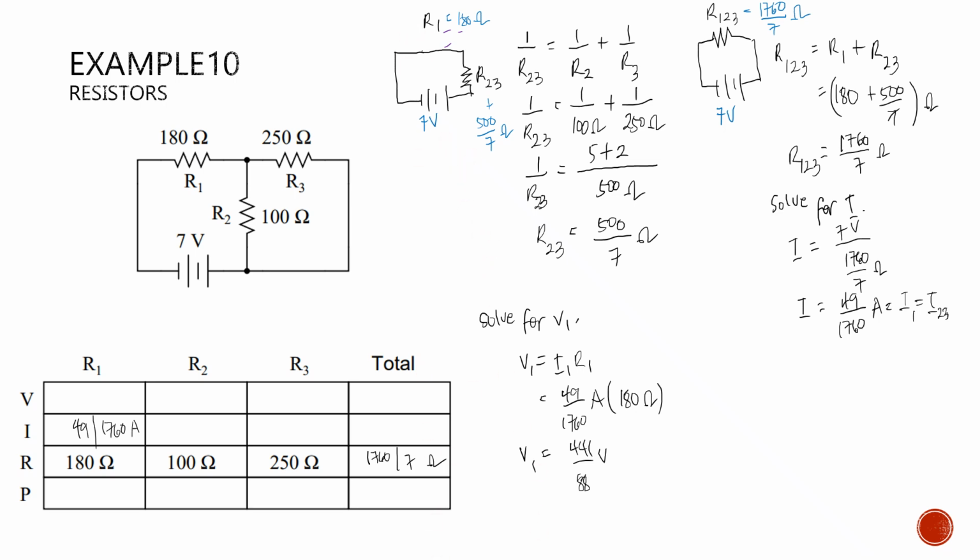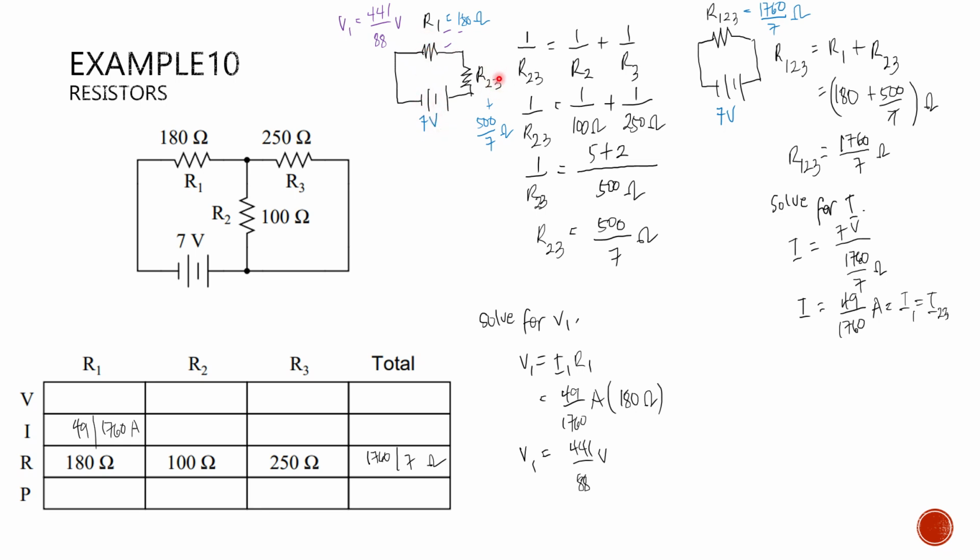let me draw back the R1. So we know already what's the potential difference here. V1 is 441 over 88 volts. So we know that for a series connection, the sum of V1 and V23 would be equal to 7 volts.